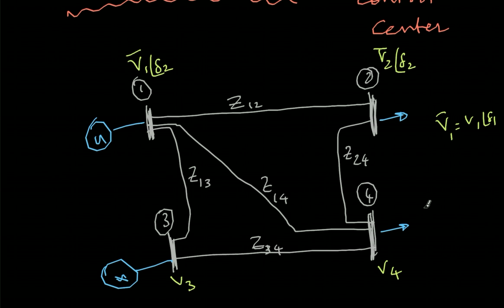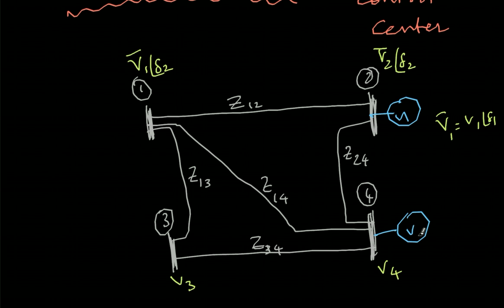That means the power is going from 1 to 2, 1 to 4, maybe 1 to 3, 3 to 4, and so on. These are different power flows that can happen if there is a generator at 1, 3 and load at 2, 4. Alternately, there could be a generator at 2 and another generator at 4 and loads at buses 1 and 3. This is another combination.